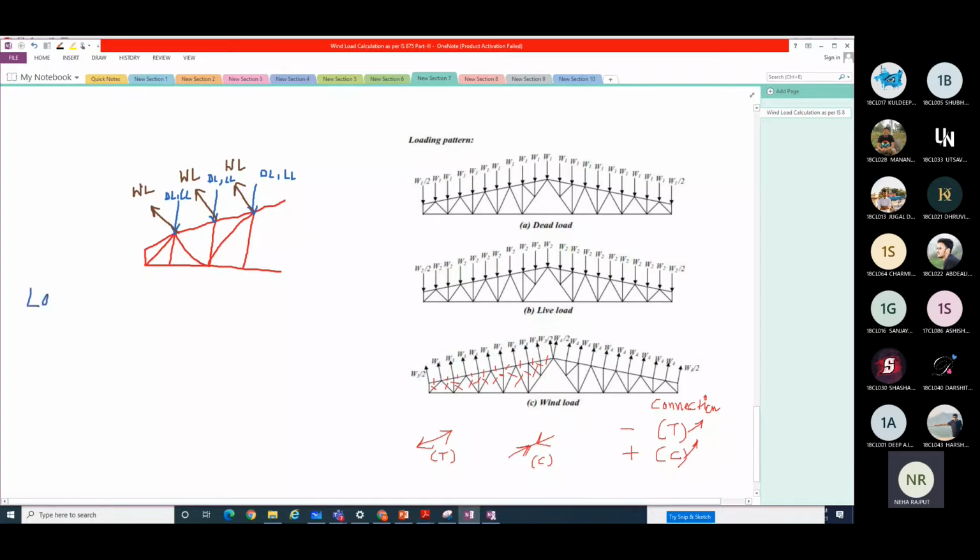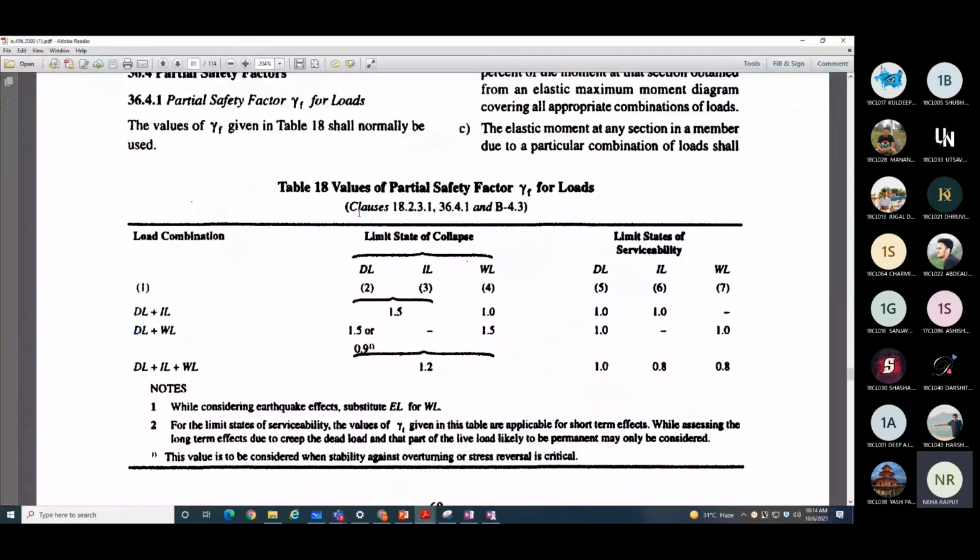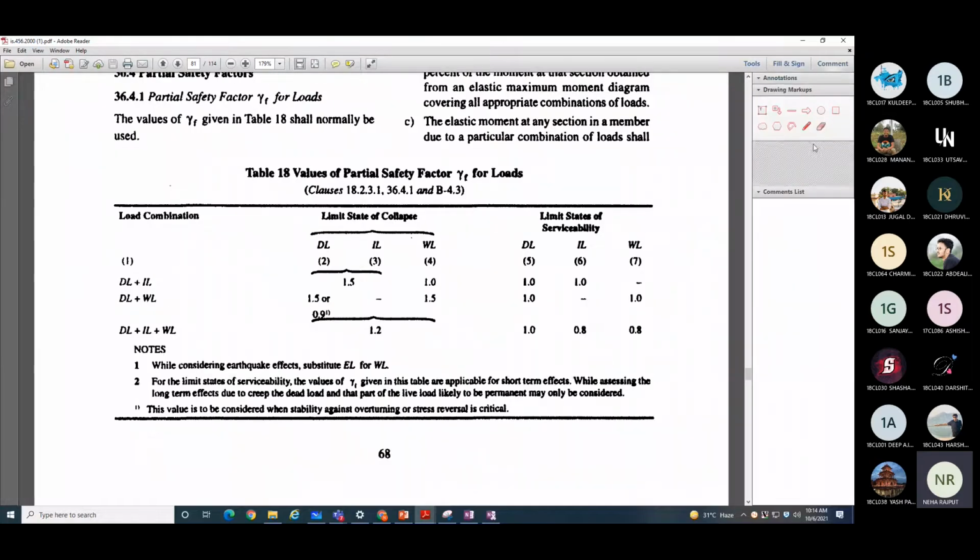So the load combinations we require to do. Now for the load combinations, if you remember in IS 456, the load combinations are given in Table number 18, right?